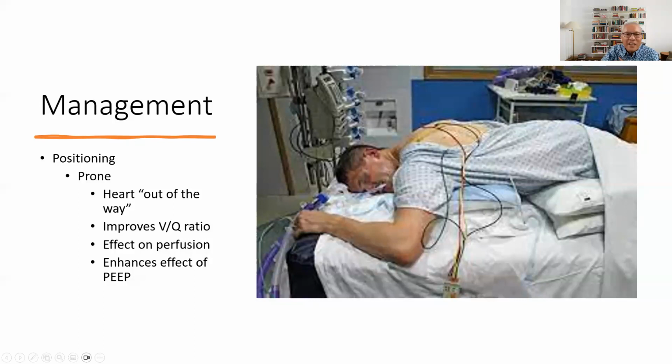Now, the other thing that has been found to increase oxygenation is positioning. In particular, prone positioning of the patient with ARDS improves what is known as the ventilation-perfusion ratio. Whenever we put a patient in the prone position, aeration improves because the heart no longer compresses the posterior areas of the left lung as it does in the supine position.